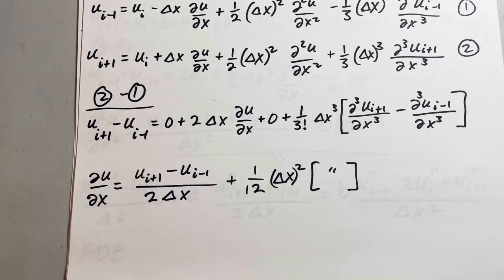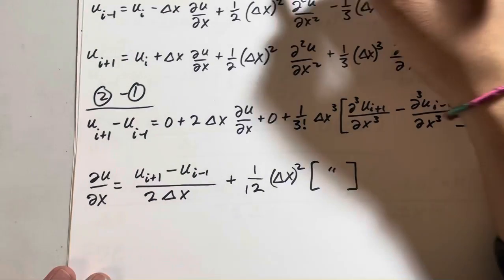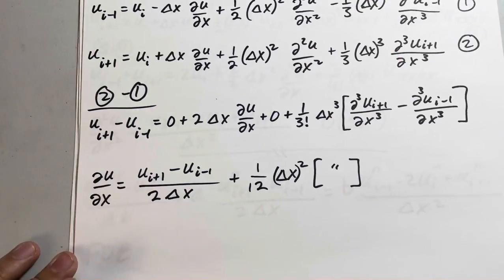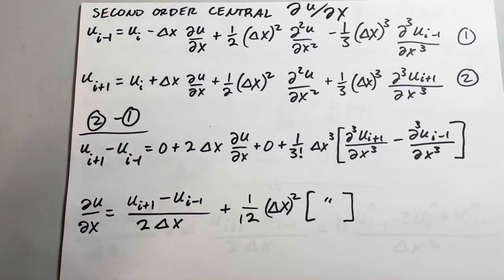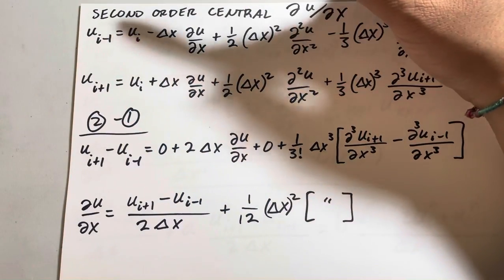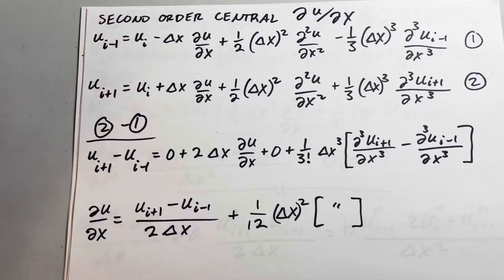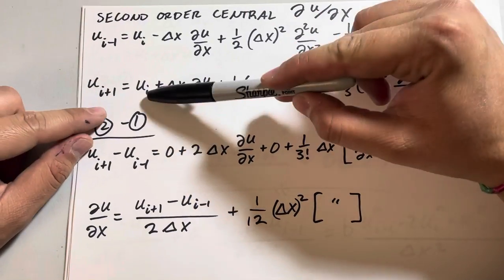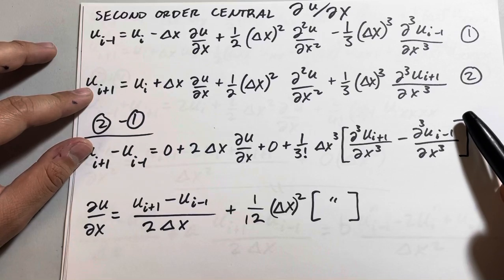Now we have to solve for the second order central, and this is partial u partial x. So beginning with the Taylor series expansion around I-1 and I+1 and I have these terms.